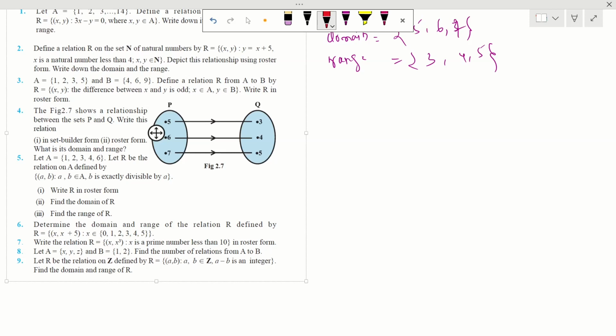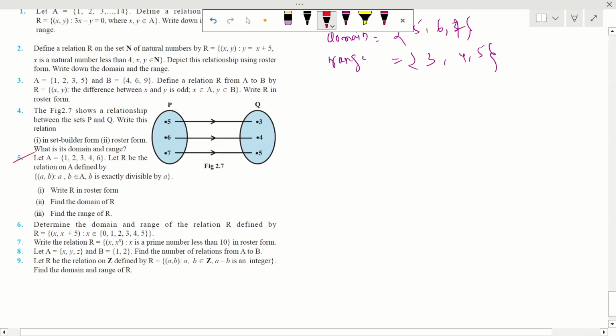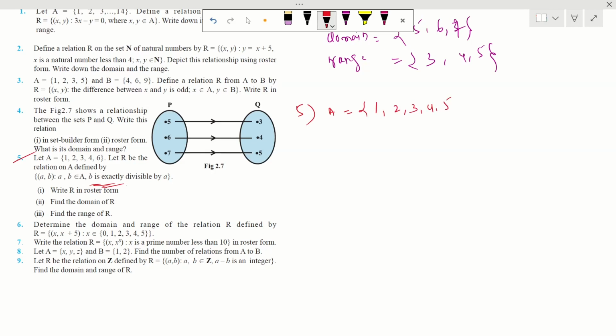The fifth one is given here. A set is given, and our relation will be defined here: B is exactly divisible by A. A is given as 1, 2, 3, 4, 5, 6, and the relation is obtained from A to A. The relation condition is given: B is exactly divisible by A. So suppose you take A and B values.